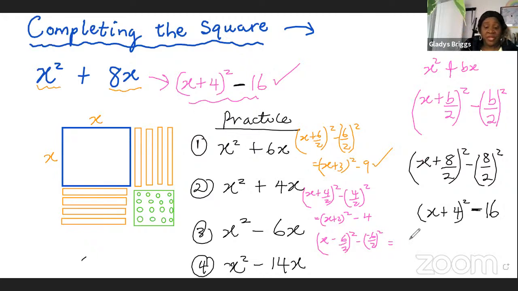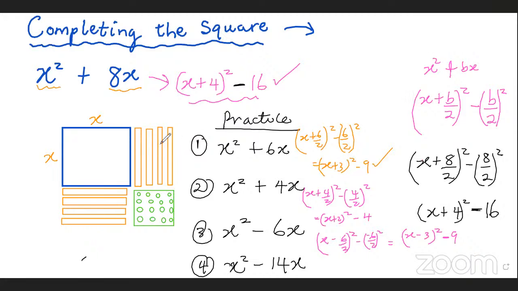This is going to give you x minus 3 squared. Minus 6 over 2 is minus 3, squared is positive. So that's still going to be negative, so minus 9. Did you guys get minus 9?